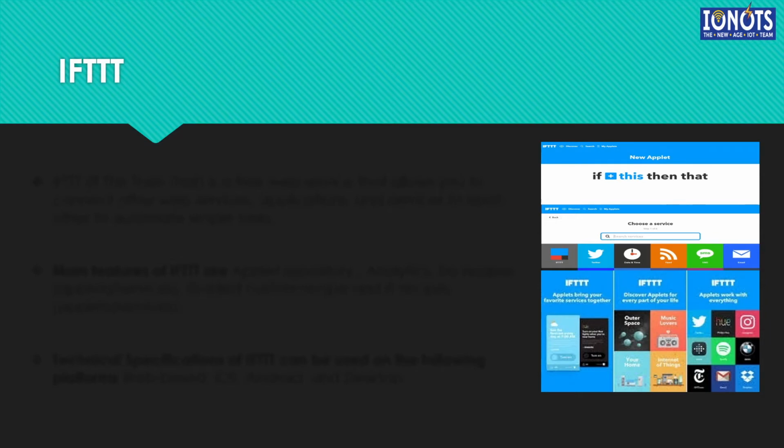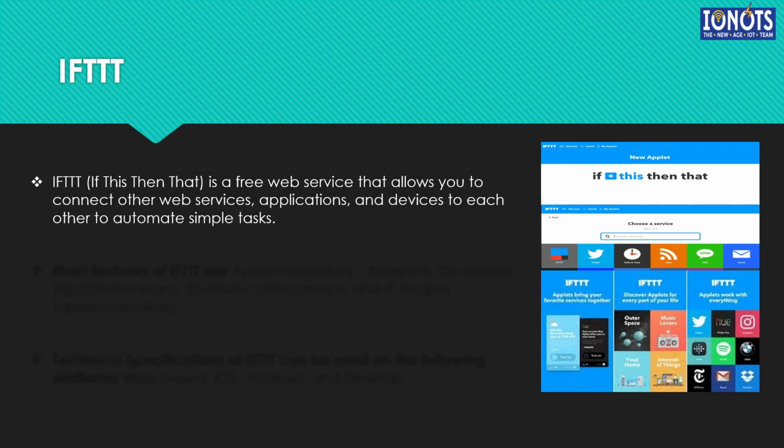When we are using this platform, we are telling the IoT network that, let us say, if this one process is happening right now, then based on this you have to do that particular application. IFTTT is a free web service that allows you to connect other web services, applications, and devices to each other in order to automate simple tasks.